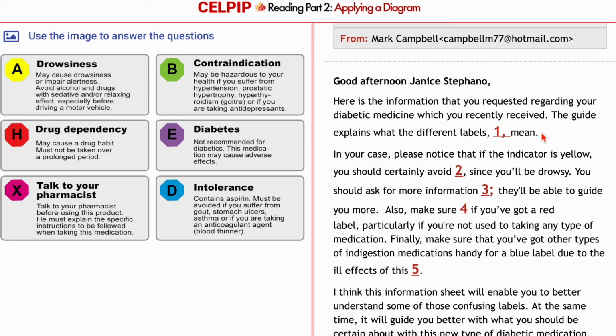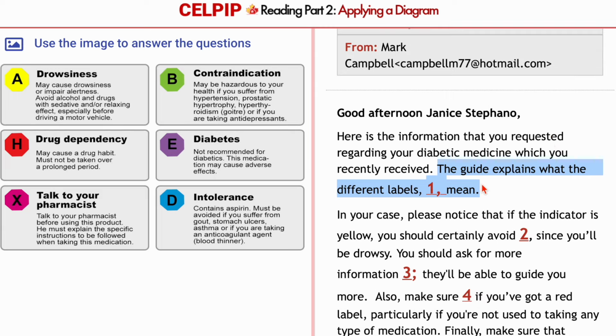So when we do part 2, we have to make sure that we understand exactly each sentence where there is a question. So here's one. The guide explains what the different labels, okay, we have labels here, mean. What the different labels mean.